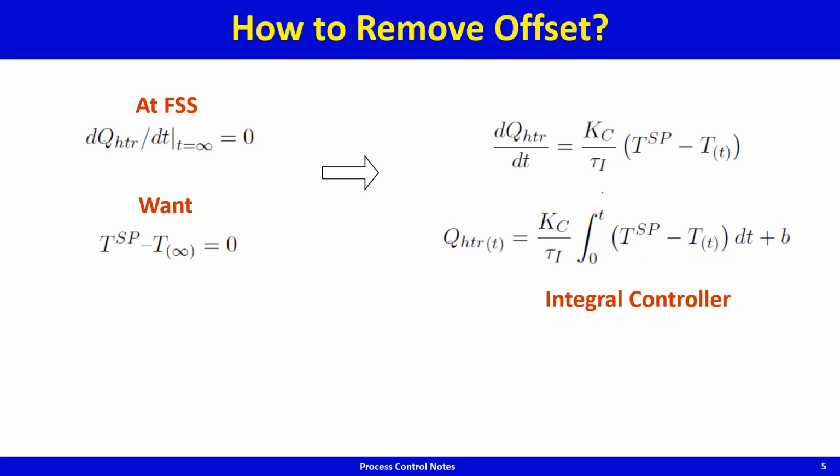Now if you look at the nature of this controller, differentiate both sides of this controller. By the way, because of integration, this is the constant of integration. For proper initialization, you again get the bias term. This is called the position form of the control algorithm.